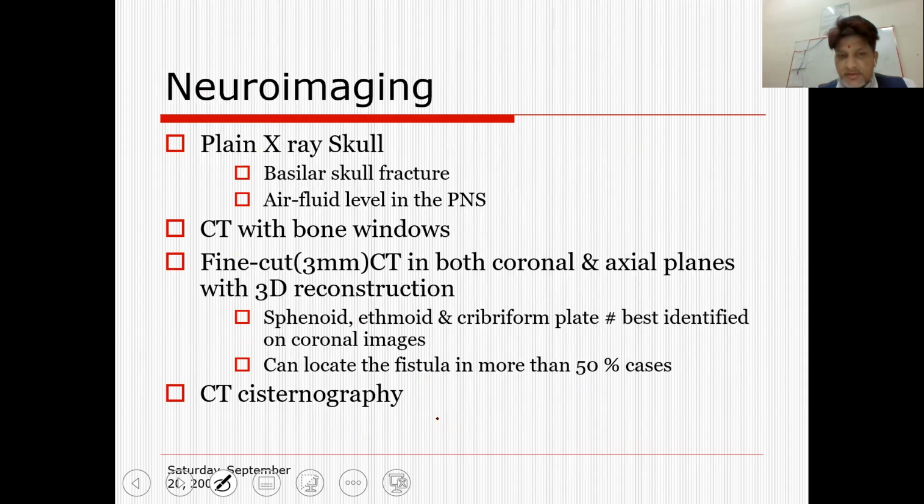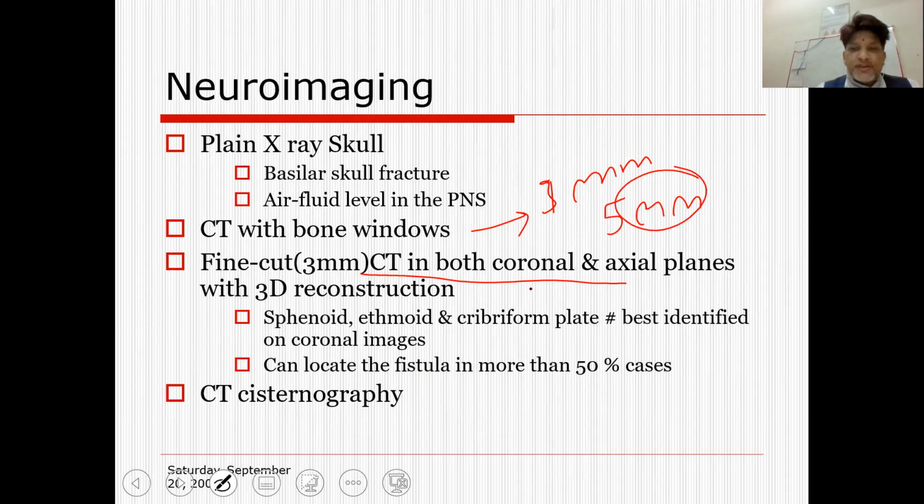Now we will move on to the neuroimaging, or what kind of diagnosis you can do in order to accurately locate the leak location. A fine cut CT scan, about 3 mm to 5 mm cuts, in both axial and coronal sections, is used with a 3D reconstruction.